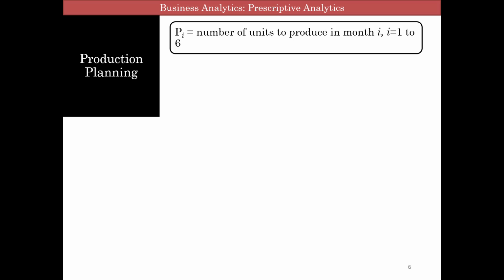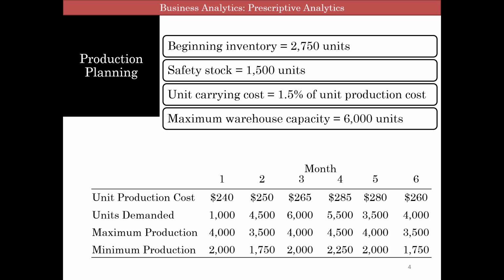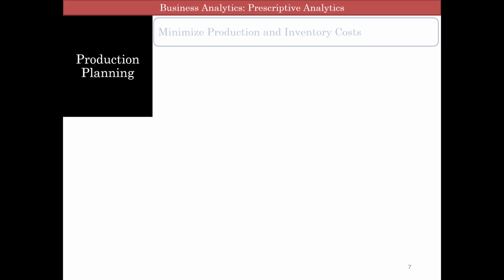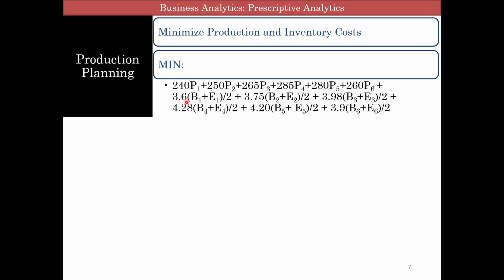Remember, it's 1.5% of unit production cost. So 1.5% of 240, this is 240, 1% is 2.4, half percent is 1.2, so 2.4 plus 1.2 is 3.6, and that's basically how you get your 3.6.